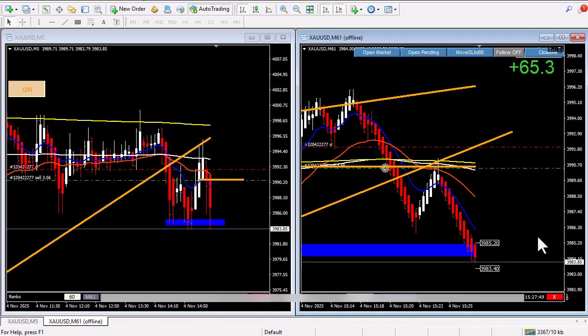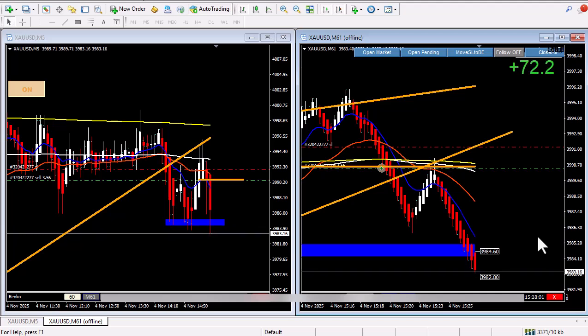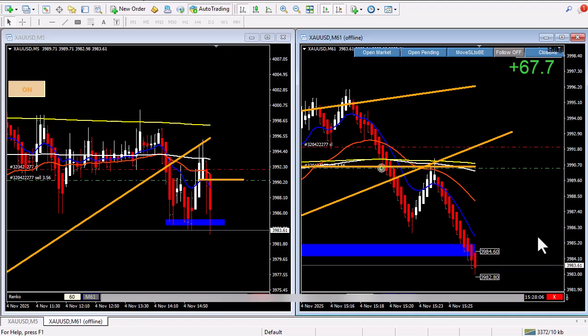Just waiting. Almost 5 times, we have reached 5 times profit. Waiting for the 5-minute time frame candle to see how it trades.